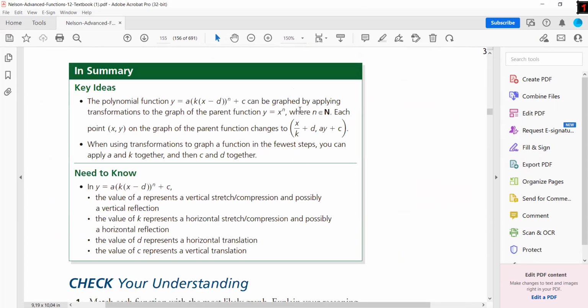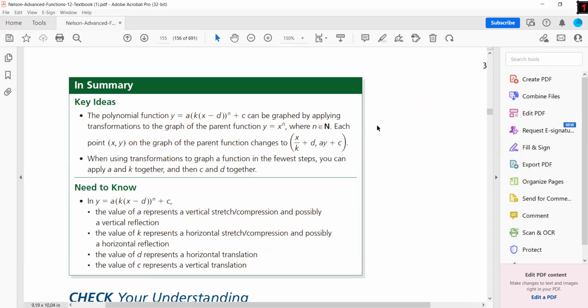And in summary of today's class, the polynomial functions always have this general form. Please note down this general form of any polynomial function, where n defines the degree, the greatest exponent of your polynomial function.